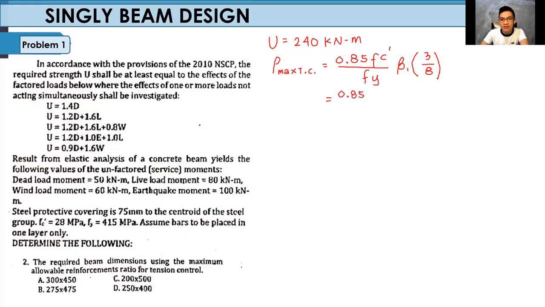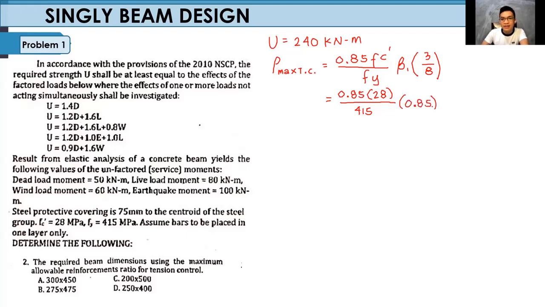Binigyan tayo ng Fc prime which is equivalent to 28 megapascal. Divide natin ng ating Fy or strength ng ating reinforcing steel. Multiplied by our beta. So as you can see here, yung ating Fc prime is 28 megapascal. Diba? So therefore, the value of our beta is 0.85.